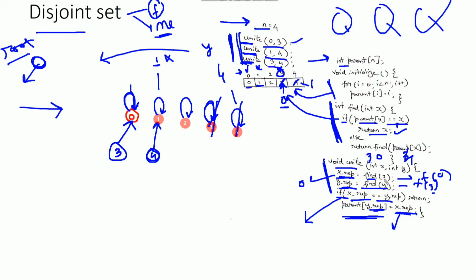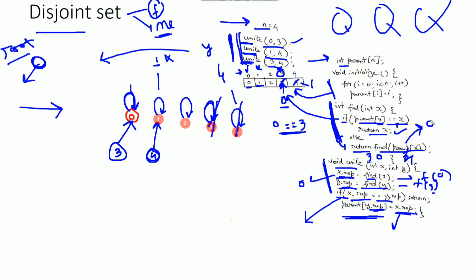Okay, so find 3. If we see in the find function, I'm going to make recursive calls. So parent 3 is what? Parent 3 is 0, and the value of x is 3, so this is not the same. Control will come to the else part and it will return find of parent x.